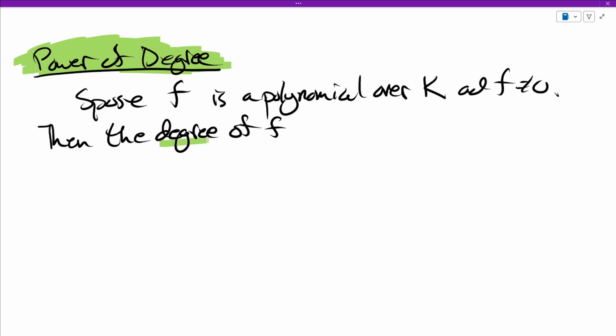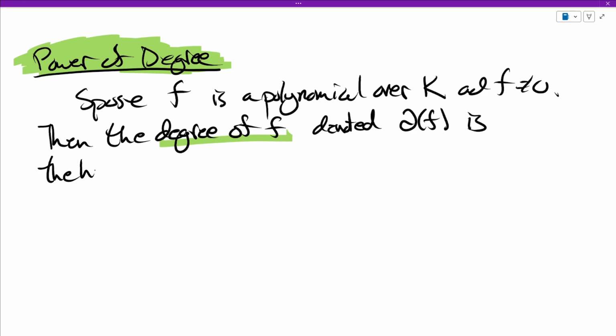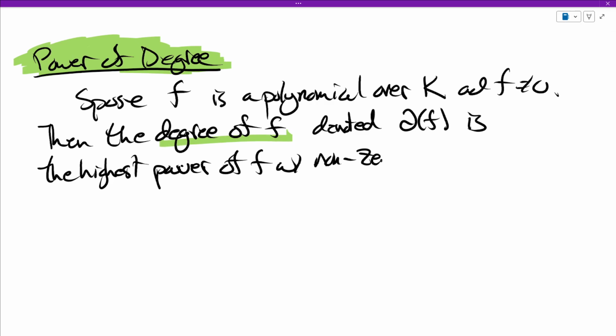so this is what we're defining, which is denoted, I'm not too happy with this symbol, but it's what your book uses, so I'm going to stick with it. It's denoted with the partial symbol, so partial f is the highest power of f with non-zero coefficient.